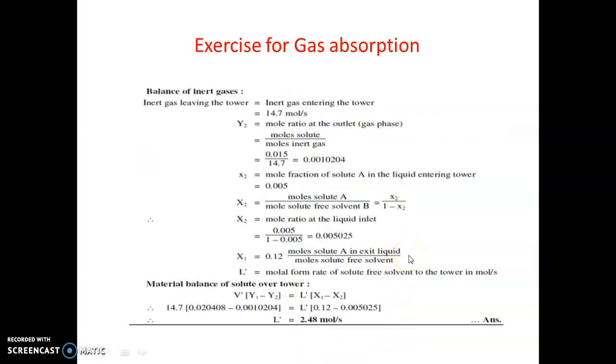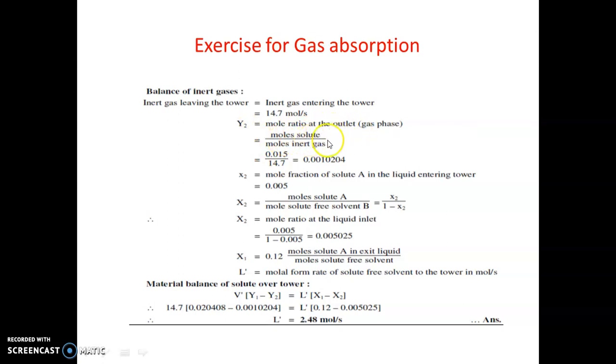Then we can write the balance for the inert gases. So the inert gas leaving the tower is equal to 14.7. That value we have already calculated in a previous section. Y2 is nothing but the mole ratio of the outlet gas.